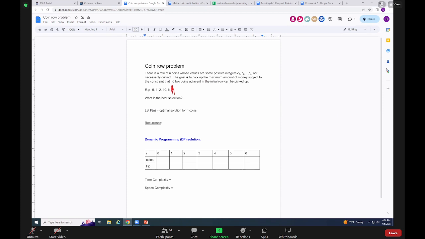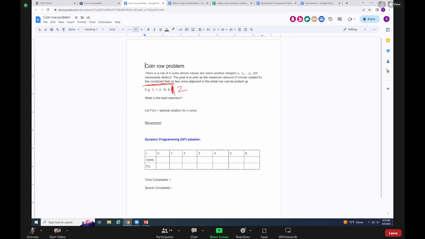In that case, it would be 5 plus 2 plus 6, I think. But whatever the best you could have done with a problem solution at f of n minus 1 is, considering all of these coins. But then you have the next coin, right?